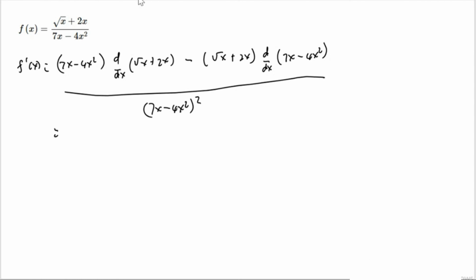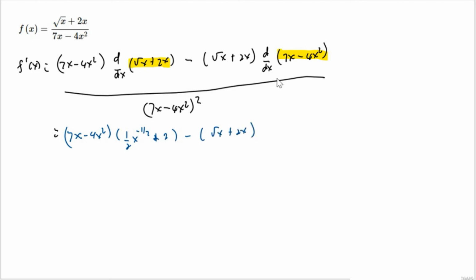Now let's take the derivative of this. This is now u dv, and this is our v du. So taking the derivative of that, I will write first the other given. We have 7x minus 4x squared times the derivative of square root of x, which is 1 half of x to the power of negative 1 half, plus the derivative of 2x, which is 2, minus, we have the square root of x plus 2x.